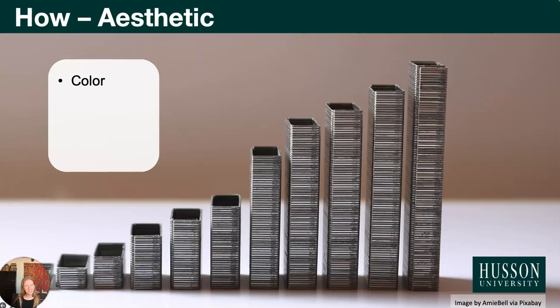We also want to consider the aesthetic. So you can integrate a sort of playfulness in what the content is. Perhaps you have buildings that you are using to show height, and you have actual images of the buildings rather than just a simple bar graph, considering the color. So there are colors that you might use that would be supportive of the audience accessibility and some that might be distracting.